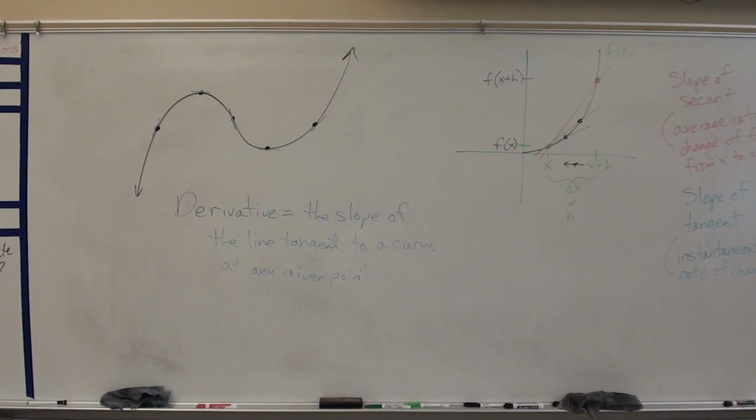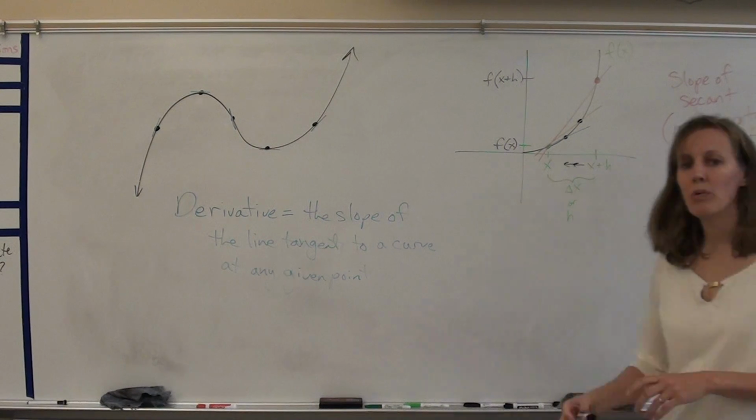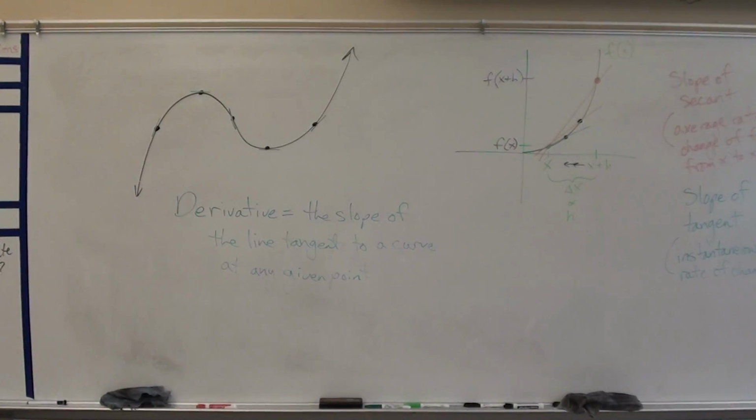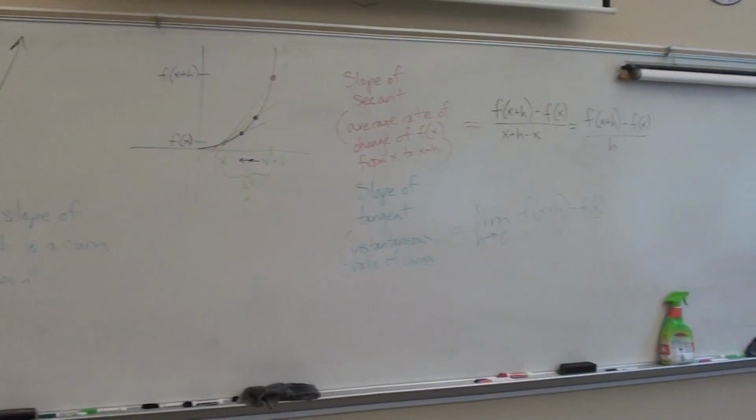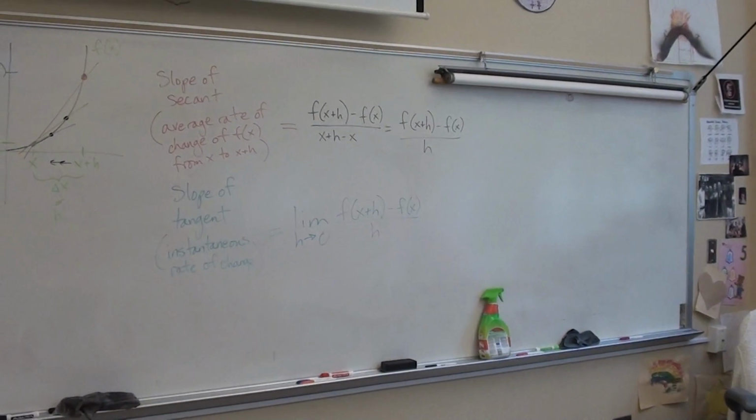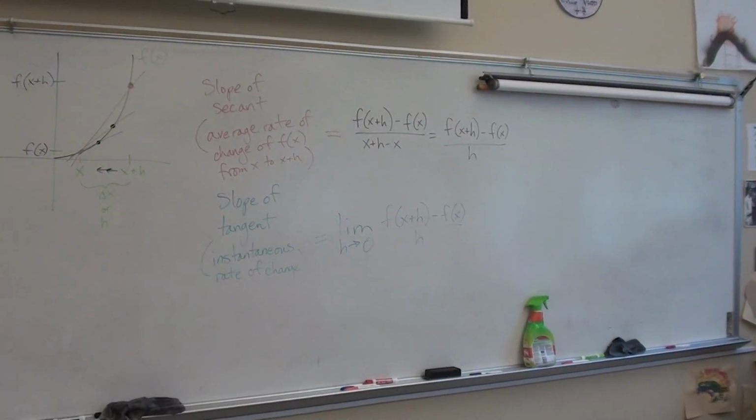Okay, so what we're going to do right now is first write some notation, and then write down the three definitions of the derivative. I'm going to zoom in a little bit.